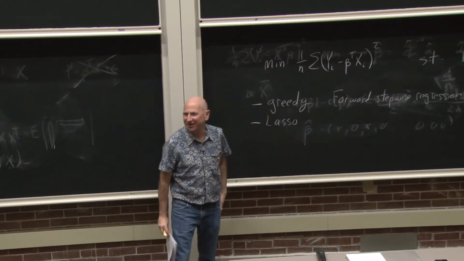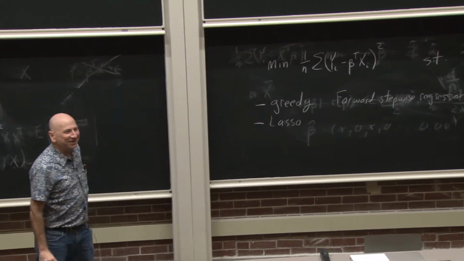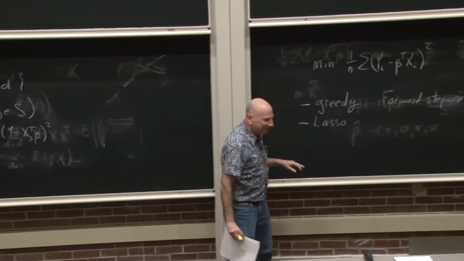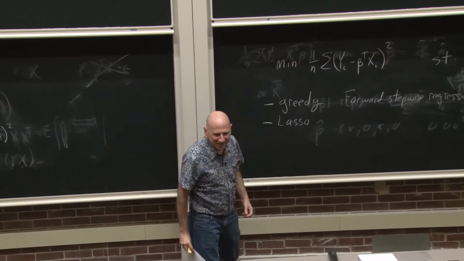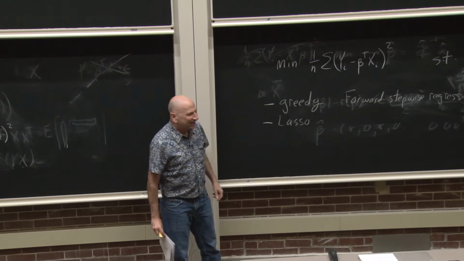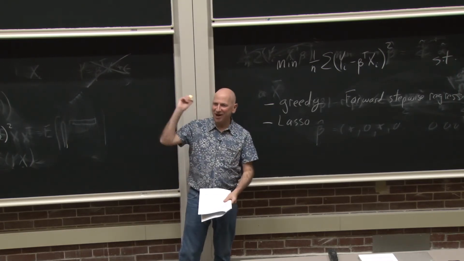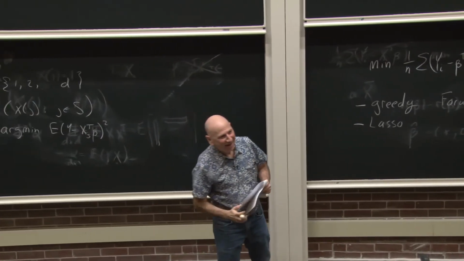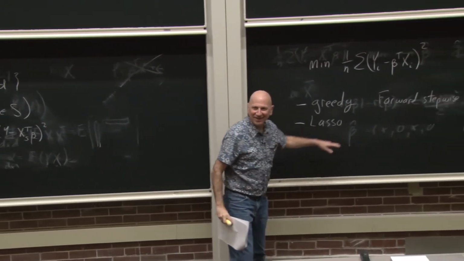I can't even remember what it stands for. And it's too late to change the name now. What was it? Least absolute shrinkage selection operator. I mean, he had this idea that it was like, cowboys have this lasso and you reach out and you grab some variables.